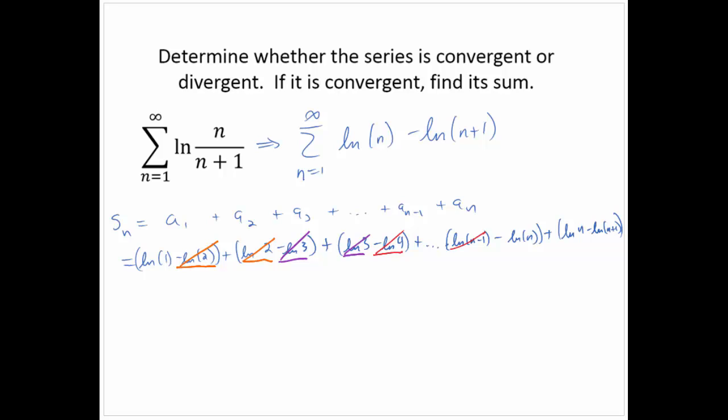And in the second to last and last terms, I have a minus natural log n and a plus natural log n, and those will go away. So S sub n simplifies to natural log of 1 minus the natural log of n plus 1. The natural log of 1 is 0, so S sub n is simply negative natural log of n plus 1.